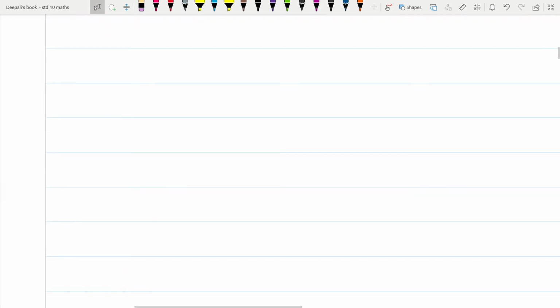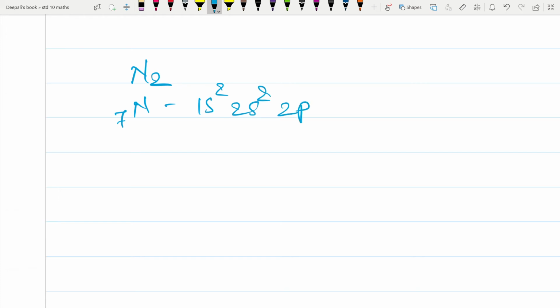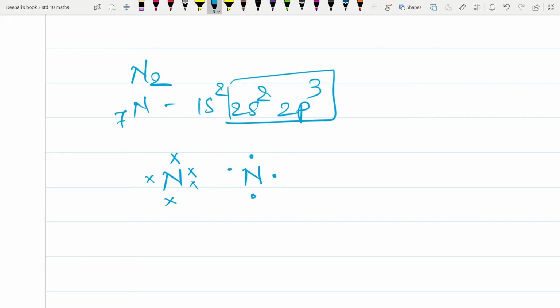the N2 molecule. Now N2, its electronic configuration is 1s2, 2s2, 2p3. So it has got 5 electrons in the outer shell: 1, 2, 3, 4 and 5. Same thing on the other atom, 1, 2, 3, 4 and 5.